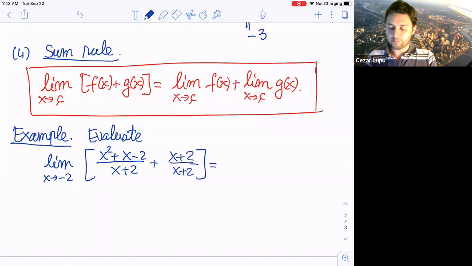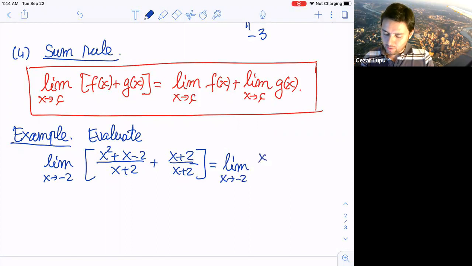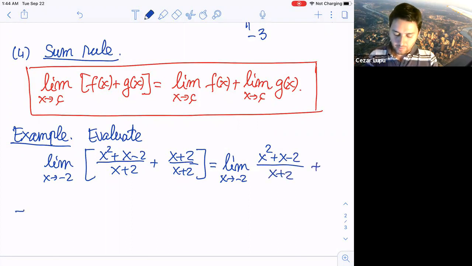Let's suppose we have this expression. Well, by the sum rule, this will be equal to the limit as x approaches -2 of (x squared plus x minus 2) over (x plus 2), plus the limit as x approaches -2 of (x plus 2) over (x plus 2).